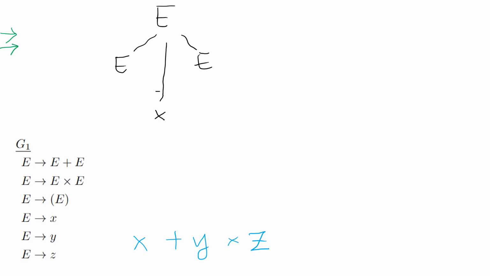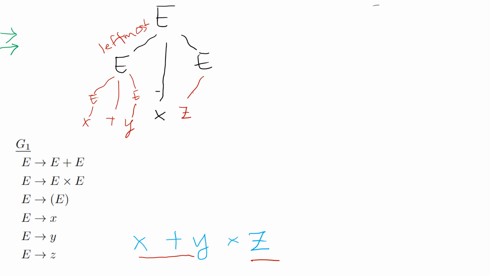Now, because I'm doing leftmost, I am going to replace this E. Over here I have x plus y, so I'm going to do plus, and then this is E and E, which are then going to get replaced as x and y. And then over here, for the times, I can replace that with z. And so that gives me x plus y times z, which is what I wanted.